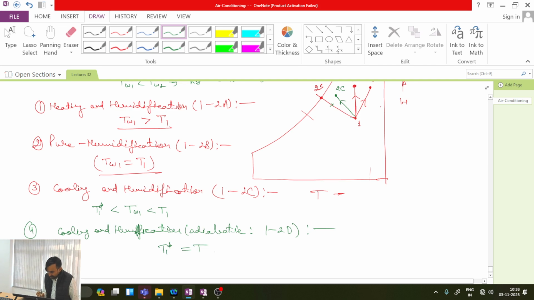T1 star must be equal to TW1. If the water we are supplying is already at the wet bulb temperature, then the process will take place along the constant wet bulb temperature line, 1 to 2s, and of course the actual point will be somewhere over here, 1 to 2. Is this one clear?